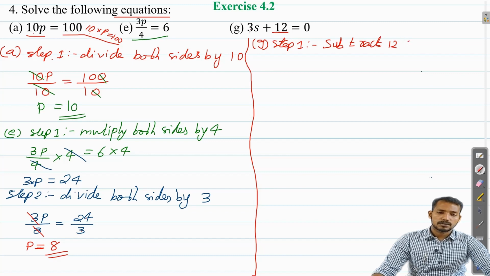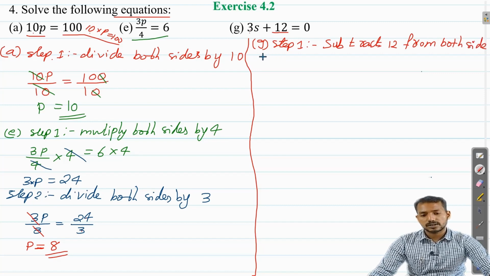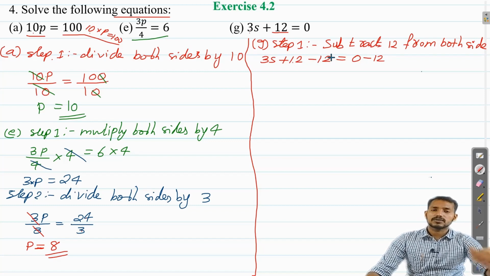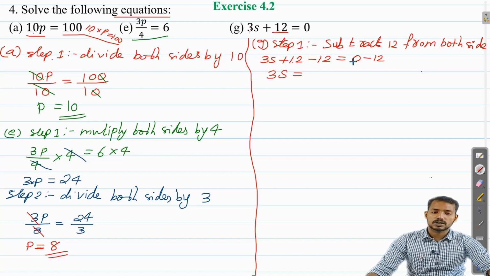What will we get? 3s plus 12 minus 12 is equal to 0 minus 12. So plus 12 minus 12 is equal to 0, so no need to consider that. 3s is equal to 0 minus 12, which is equal to minus 12.